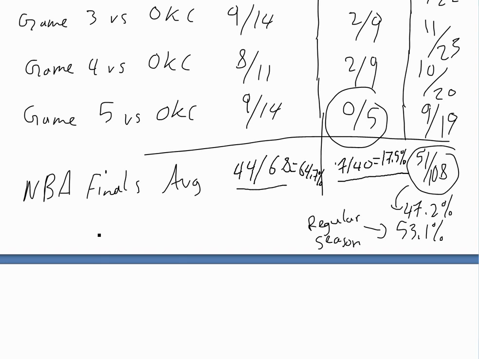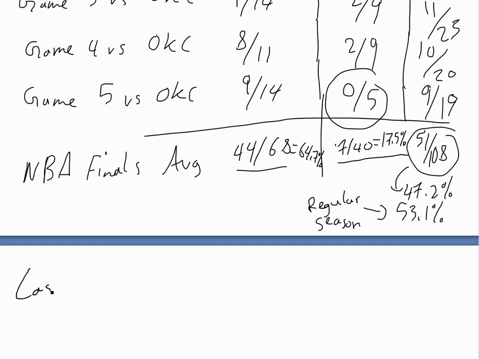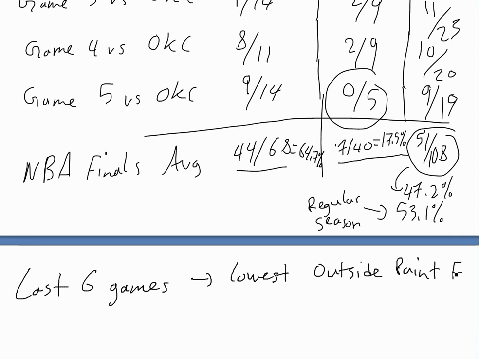And also, if you look at the last six games, he had the lowest outside the paint field goals of his career, with eight field goals. So basically he had 8 field goals out of 40.